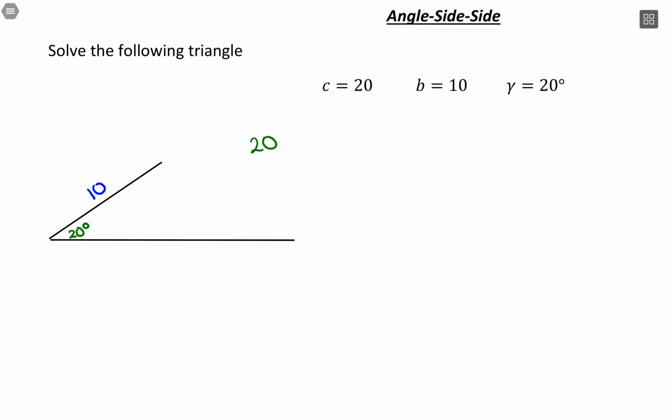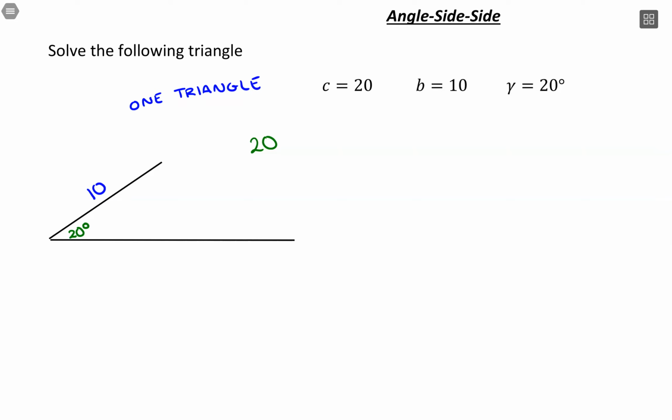Now this case right here is a case I look for first, because this is a case where the side length that we want to draw is larger than the side length we have already. And that's the case where we just have one triangle. That was the last case that we looked at.